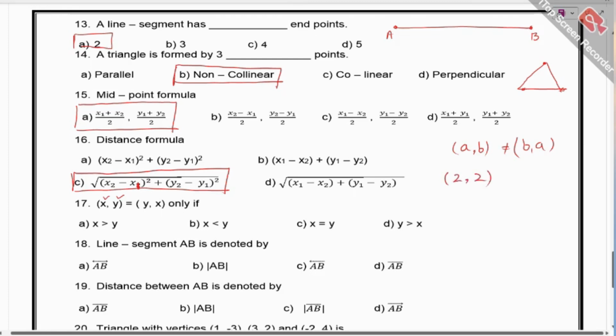If x is also 2 and y is also 2, and if I change the place of these, after replacing it will also become 2, 2. So that's why we can say (x, y) is equal to (y, x) only if x is equal to y. The line segment AB is always denoted by this symbol AB. We can show the distance between 2 points with this symbol. Option B will be the correct answer here.